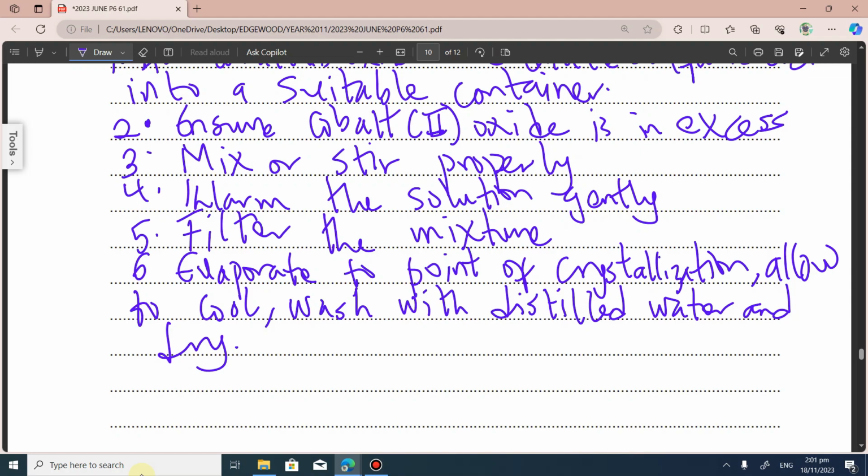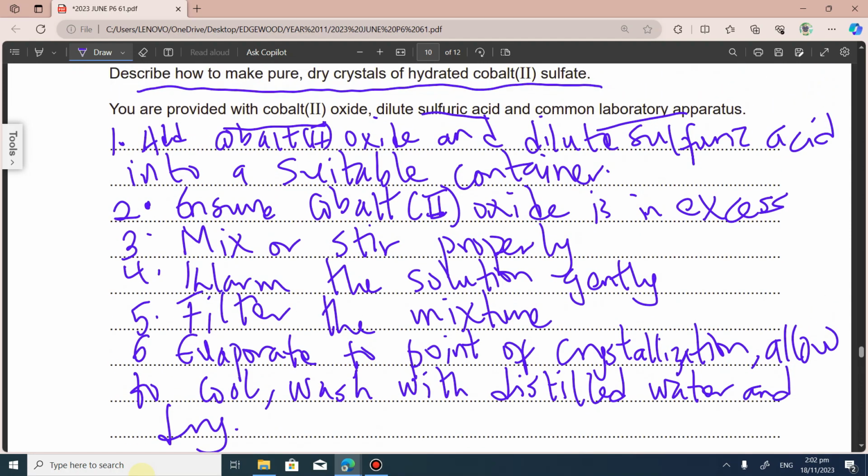Okay, so these are the 6 steps that you could write to get the full mark in this question.